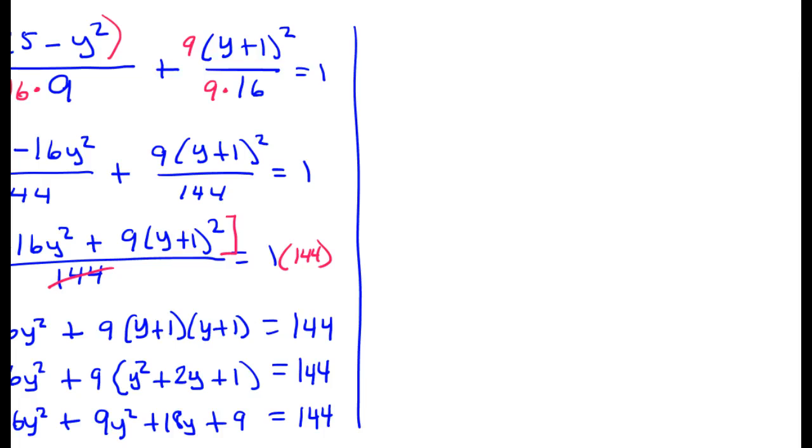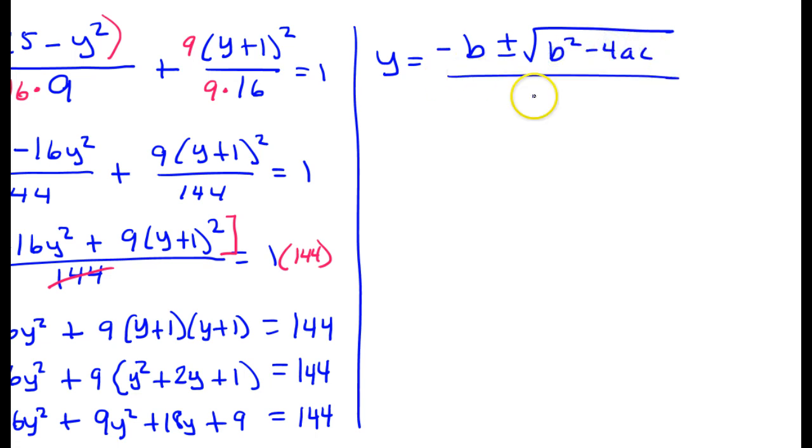So y should equal the opposite of b plus or minus the square root of b squared minus 4ac all over 2a. Now, the part underneath the radical is called the discriminant. Always do that part first and separate from the rest of the problem. So I'm going to do the discriminant right now. I will call it D for discriminant.